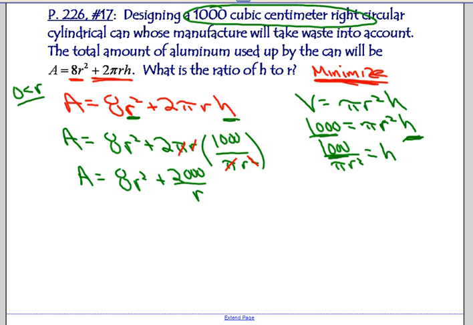All right, let's take the derivative. 8r squared becomes 16r. We have here r to the negative 1, so I get minus 2,000 over r squared. Immediately I see a critical point when r equals 0, but that's not in our domain because r is positive. So I'll set this equal to 0.